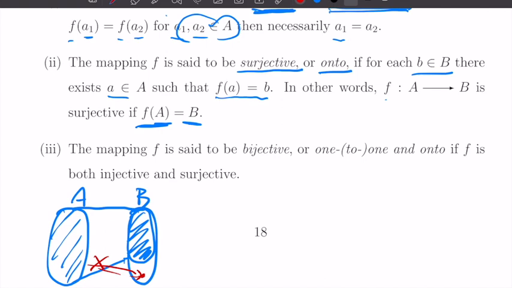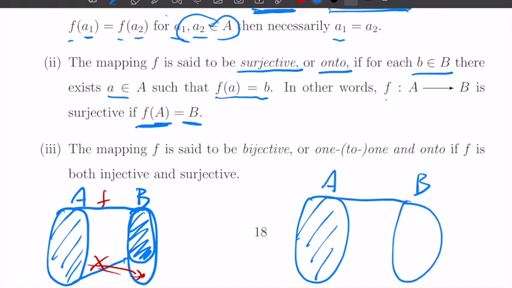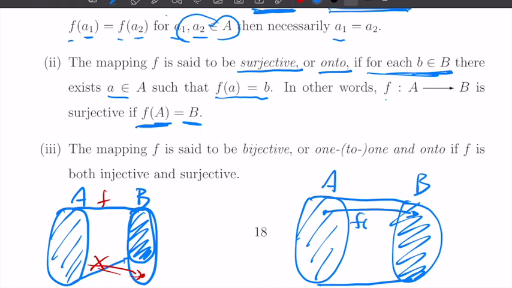So this mapping is not surjective. Being surjective means the image of A covers the entire B. So if you pick any element in B, there is always an element in A that corresponds to that point by this function. So that's surjective.